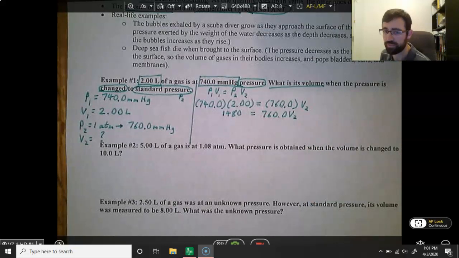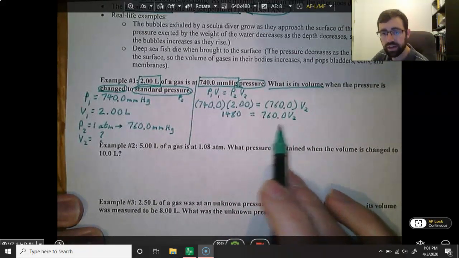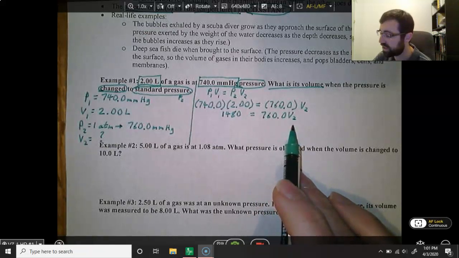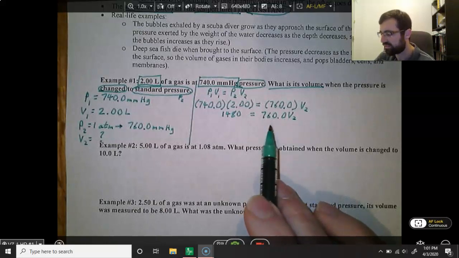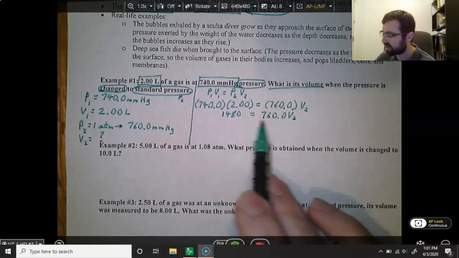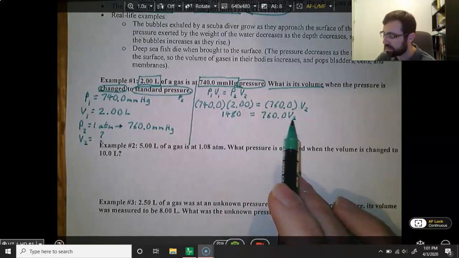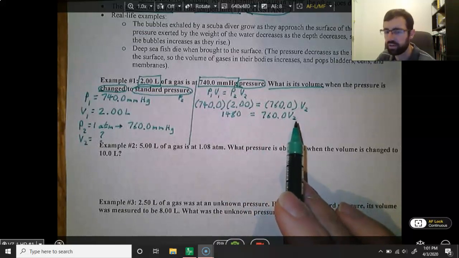Okay. Now I want to solve for V2. These 2 numbers are being multiplied right now, so I want to do the opposite or the reciprocal of multiplication. That means I'm going to divide both sides by 760, so V2 will be by itself, just like if you were solving for x.